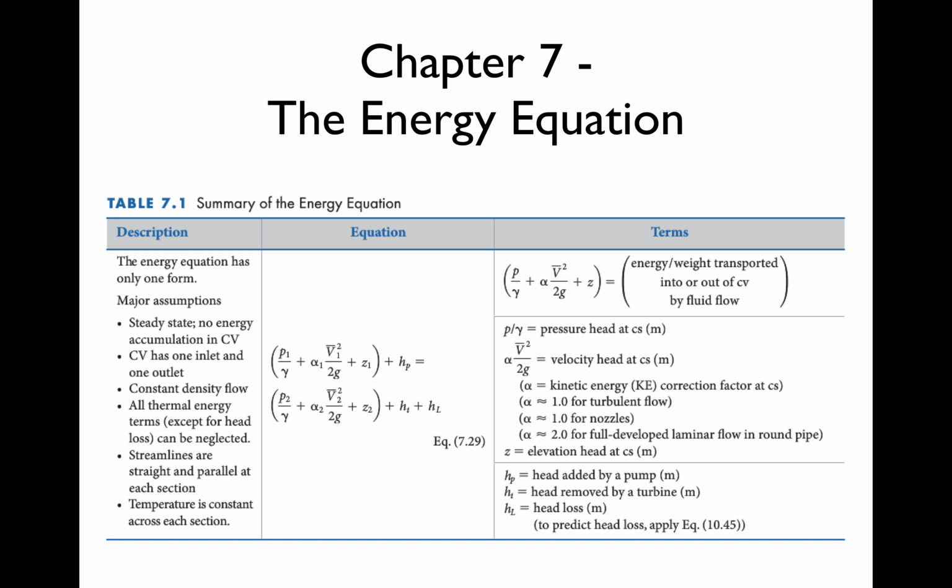On the left-hand side of the equation, we have ways of putting energy into the system, and on the right-hand side, energy coming out of the system. That's why on the left we have the pump head, H sub P, and on the right-hand side we have the turbine head, H sub T, and the head loss.